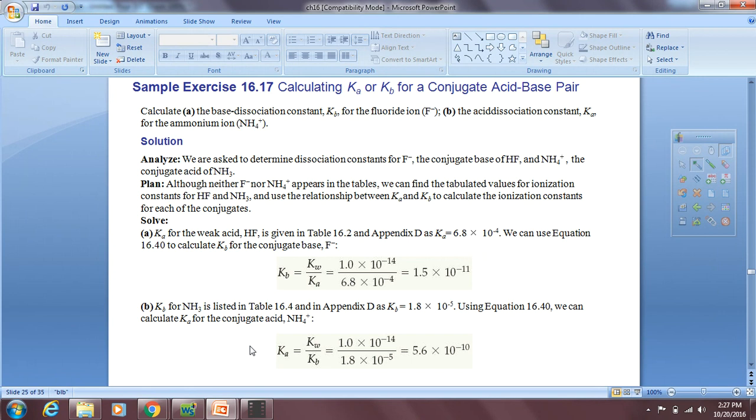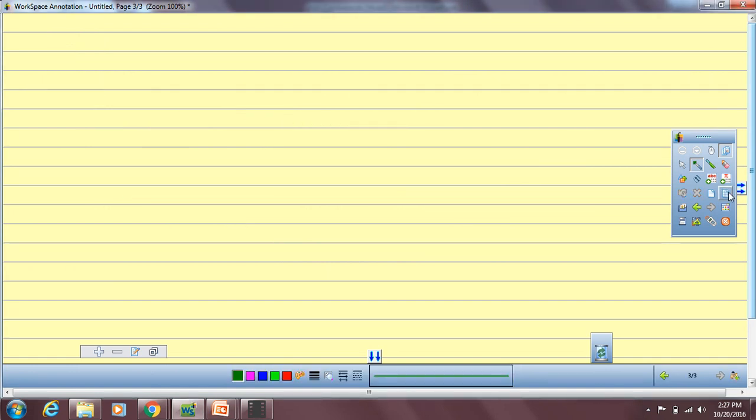Sample 16.7 is on page 695. Calculate the base dissociation constant Kb for the fluoride ion, and the acid dissociation constant Ka for the ammonium ion. So the Kb for fluoride ion is Kw over the Ka of hydrofluoric acid.